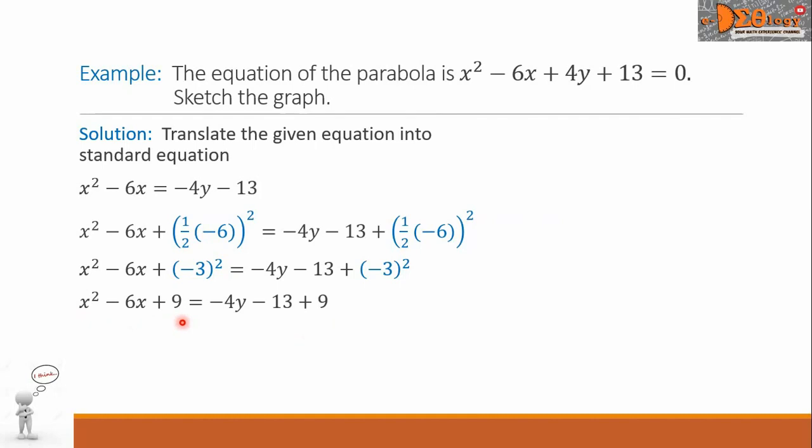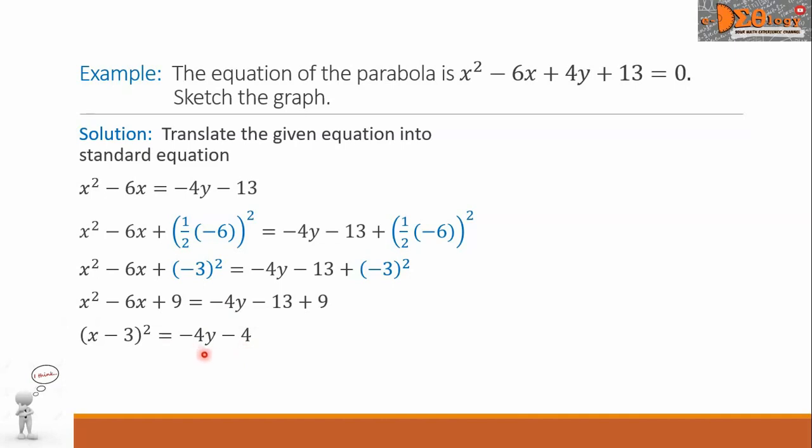On the left side, we are going to factor, and this will result to the square of x minus 3 equals, the right side will be negative 4y, and we're going to combine this negative 13 plus 9. So the answer is negative 4.